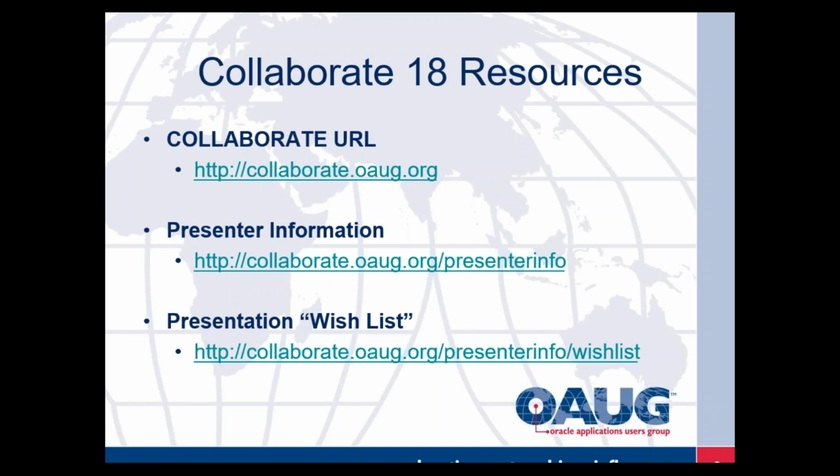So when we submit papers to Collaborate, does it go to all user groups like Quest, or do we have to submit papers separately to Quest? The papers you submit to OAUG stay within the OAUG voting machine.